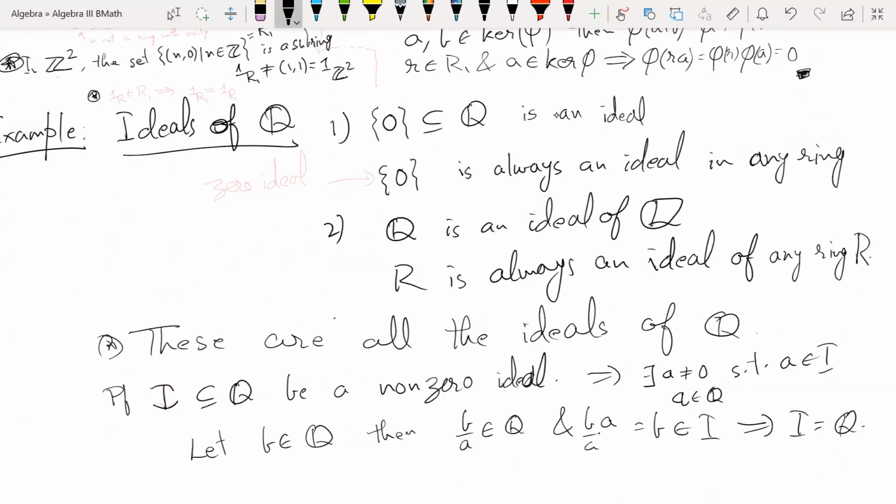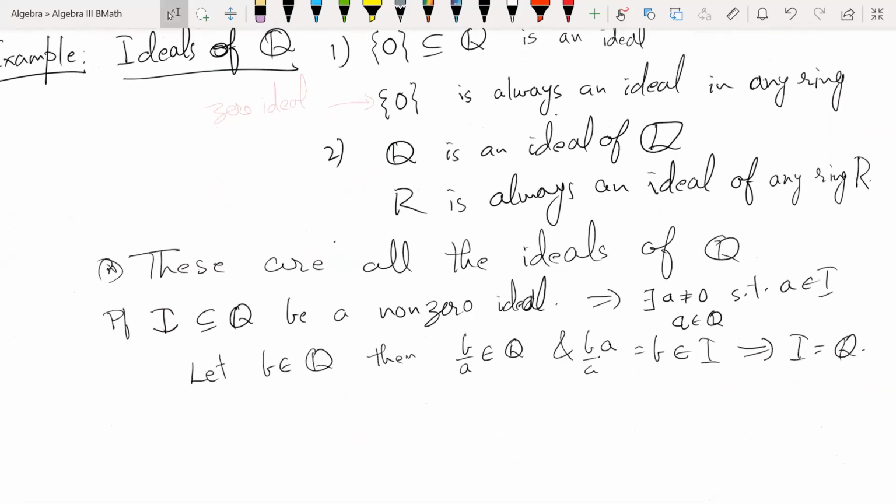In fact, what we have shown is there is nothing special about Q. You guys are comfortable with fields, so this is true for any field. We are not doing very complicated things about fields.